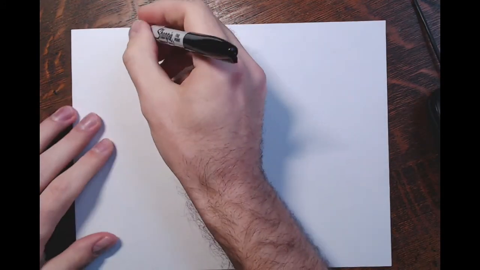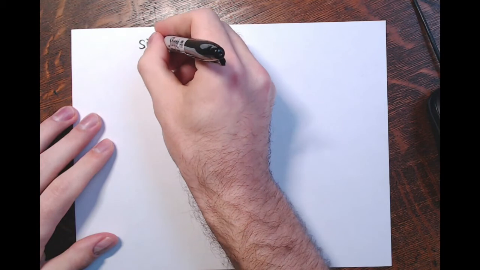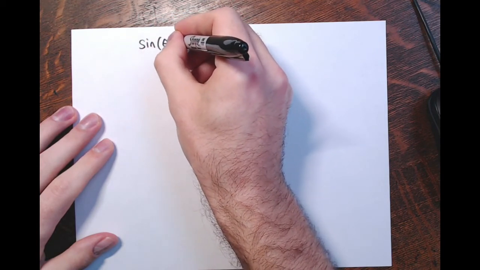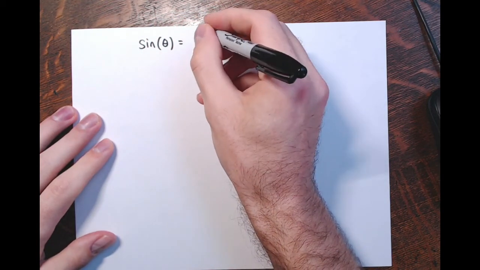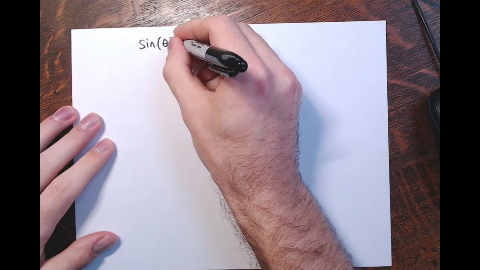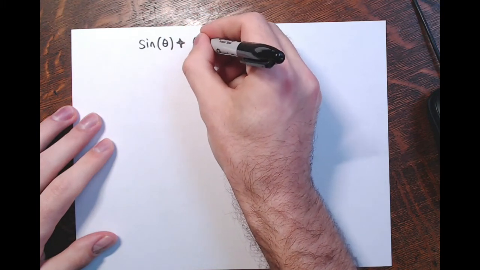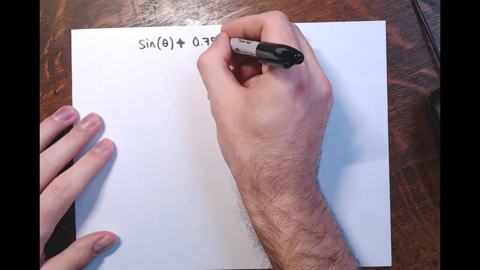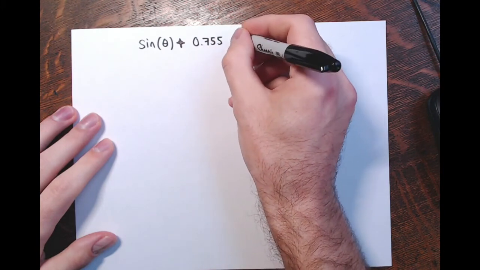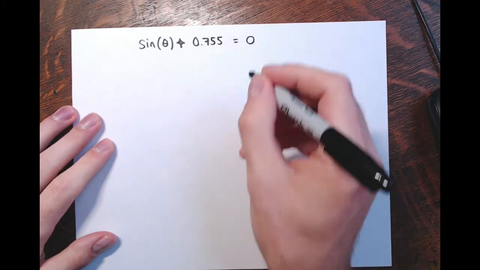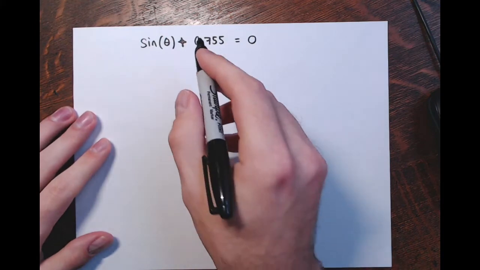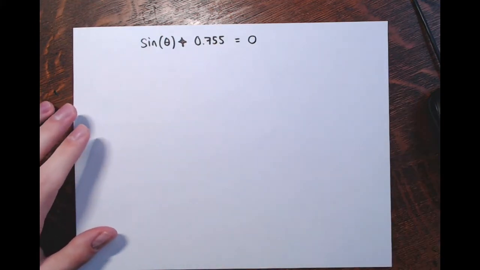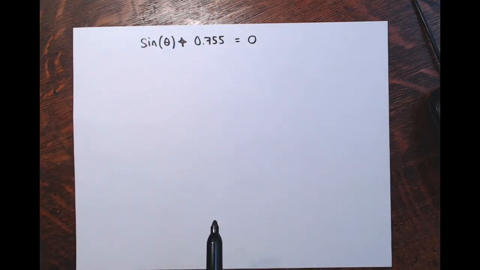All right, so our equation here is the sine of theta plus 0.755 equals 0. So just like before, I'm going to isolate the trig function.